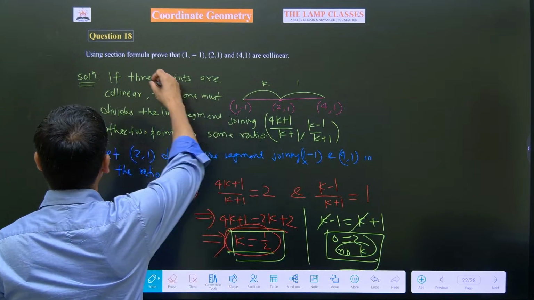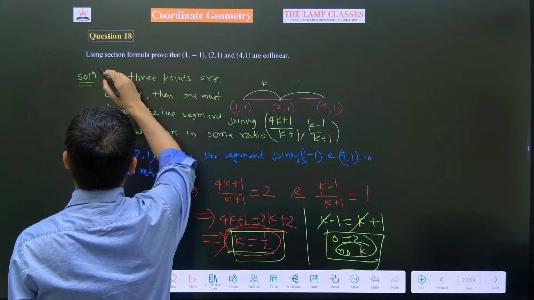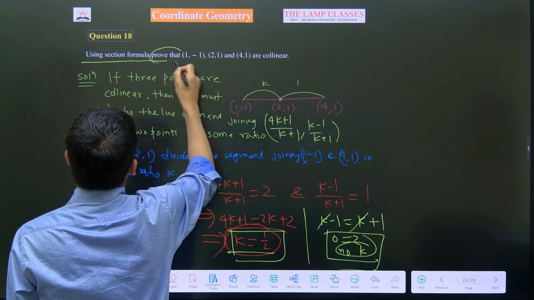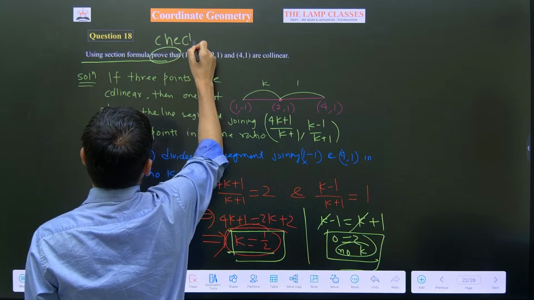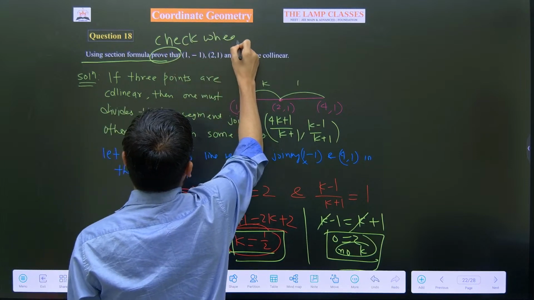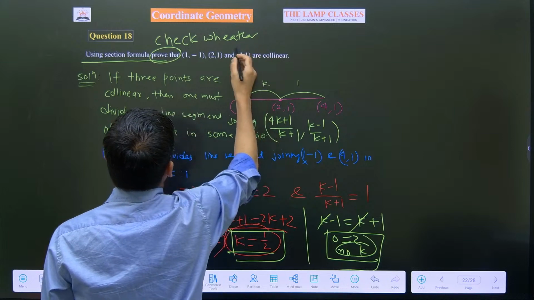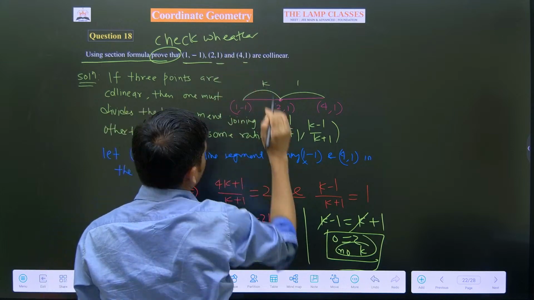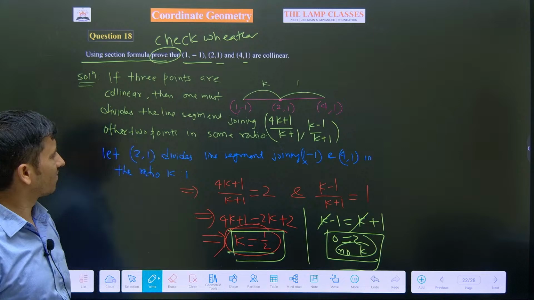So they should have given here: using section formula, check whether these 3 points are collinear. Are you getting?